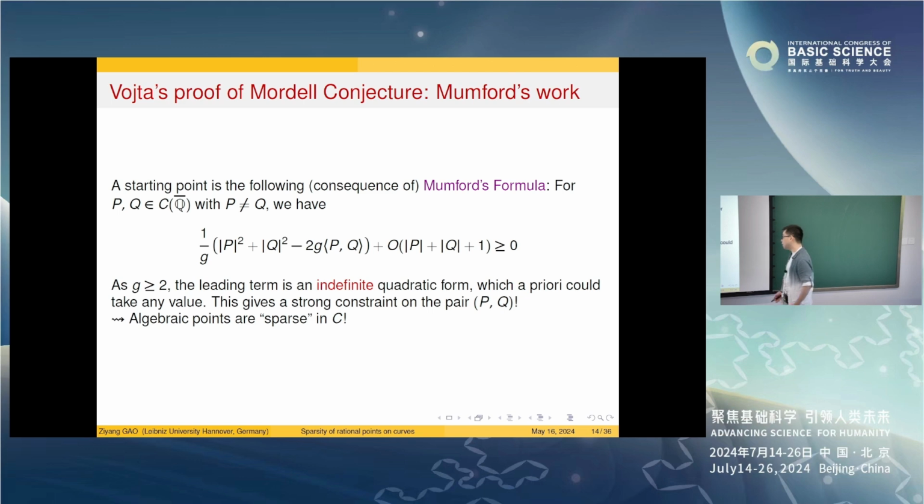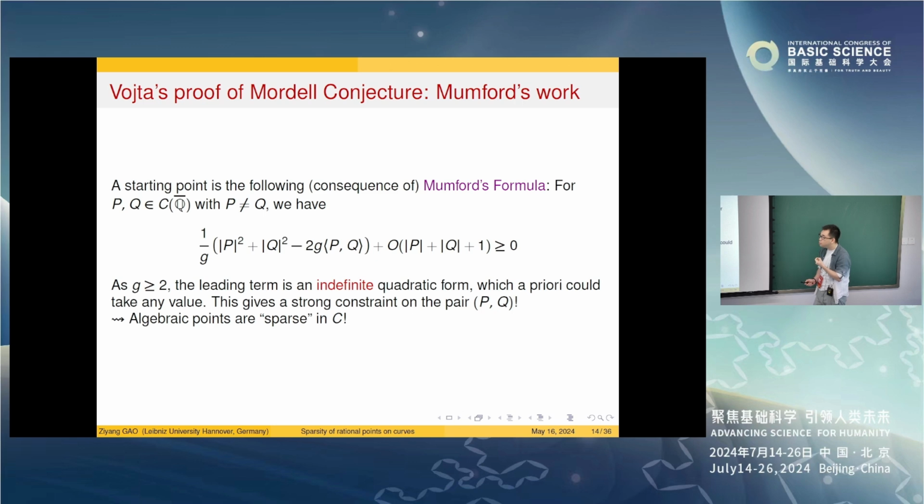And we know that an indefinite quadratic form, if we don't put any restriction on the source, can take any value, as negative as possible a priori. But this formula, or this inequality, says that if P and Q are points on the curve, then no, it cannot be too negative, because it's a leading term controlled by something non-negative.